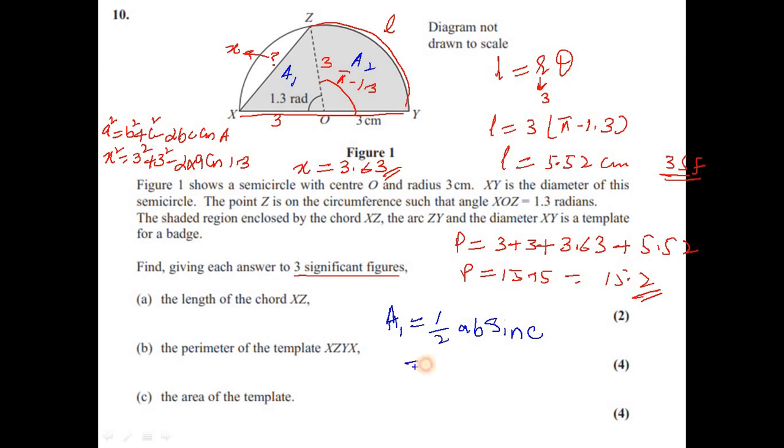That means half of 3 into 3 sine of 1.3. These 3s are the two sides of the triangle, and 1.3 is the included angle. So A1 is 4.34.